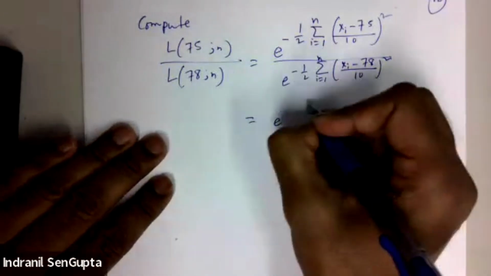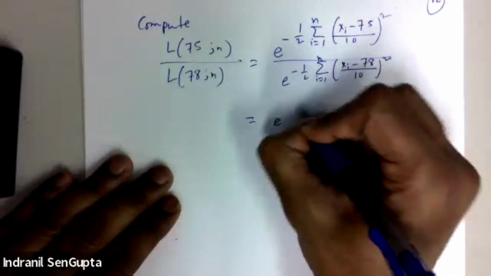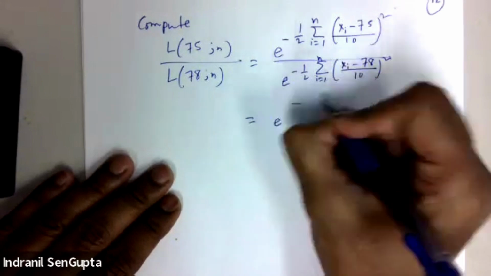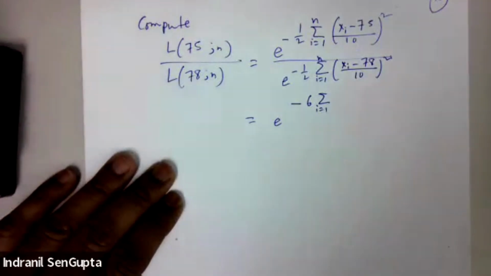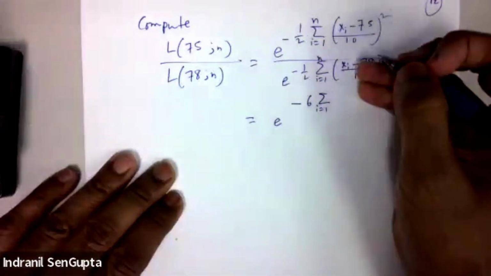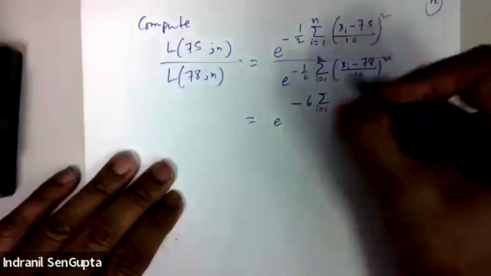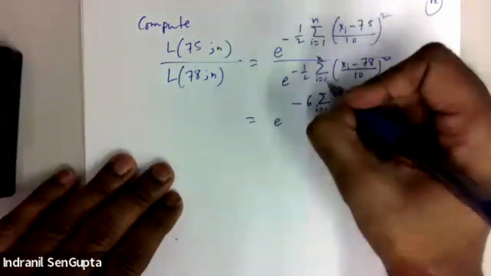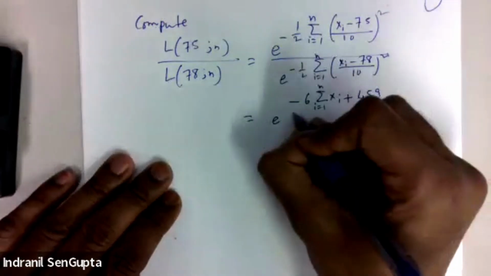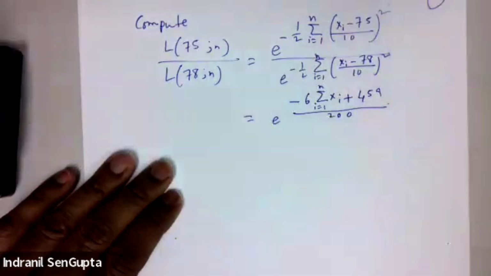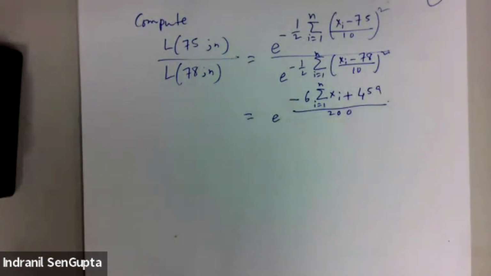So if you compute this, I think it's e to the minus 6 summation i from 1 to n xi plus 459 over 200. So that's the quantity that you get.